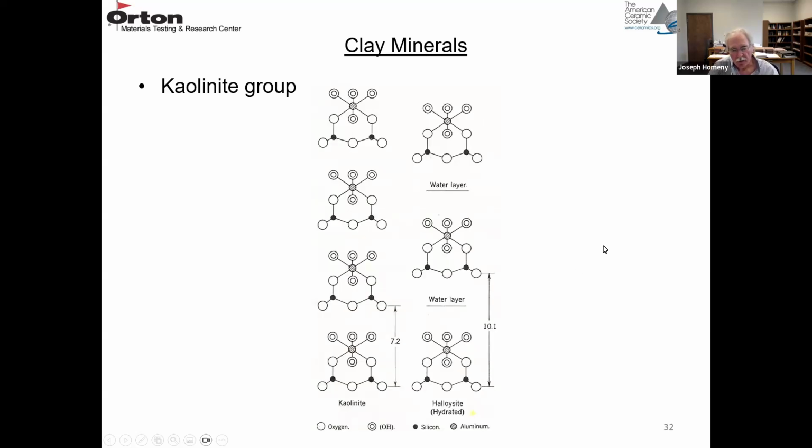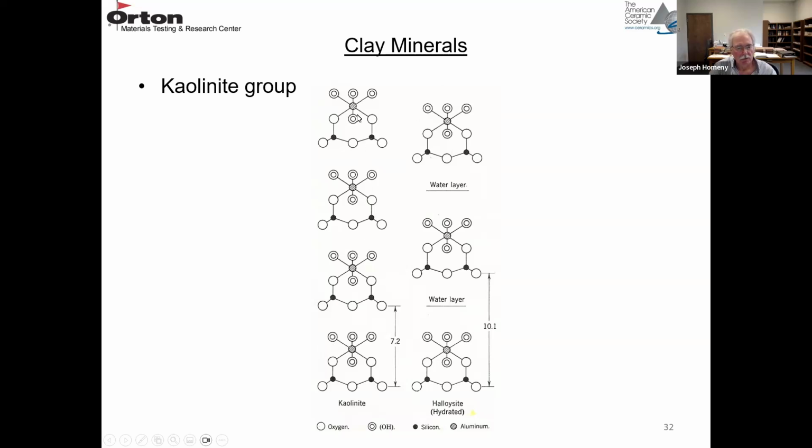So these are schematic diagrams. They're kind of like side views of the clay structures. This is kaolinite, and this is halloysite. So the large circle is oxygen, the black circle is silicon, the crosshatch circle is aluminum, and the double ring circles are the OH groups. So you see your distinct silica layer and then your aluminum layer.